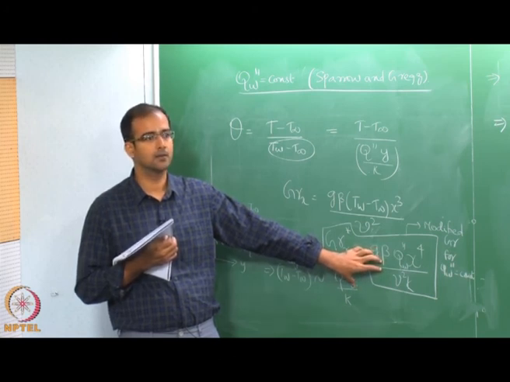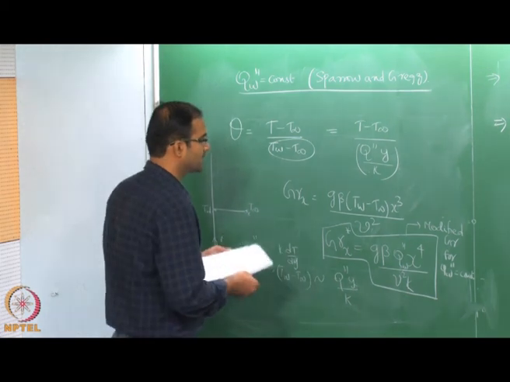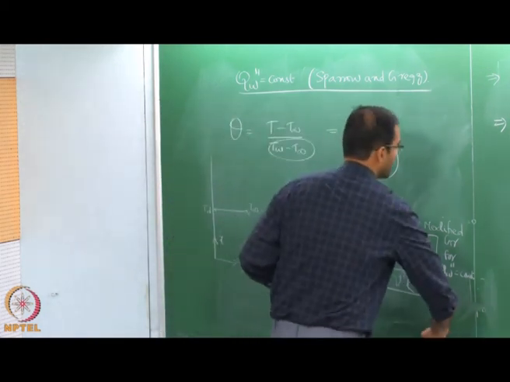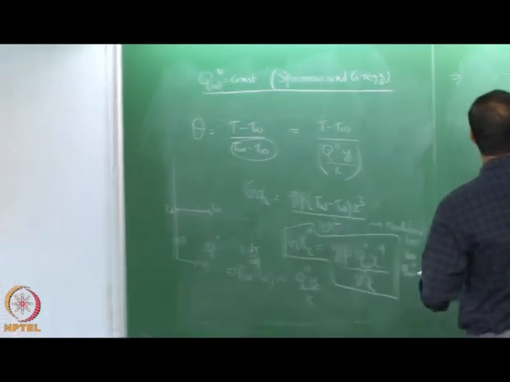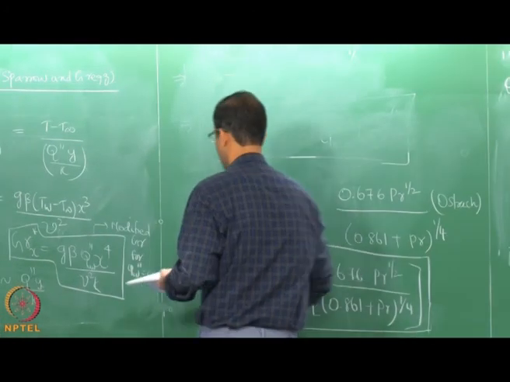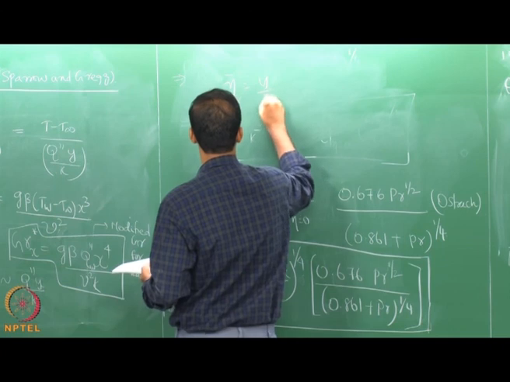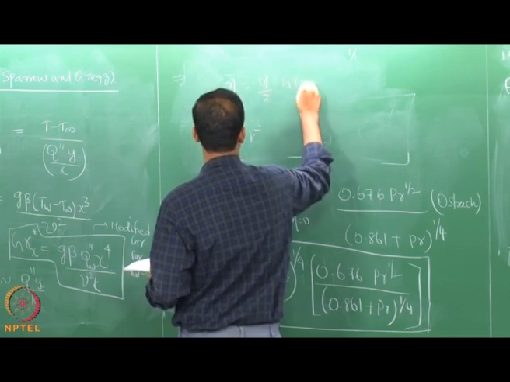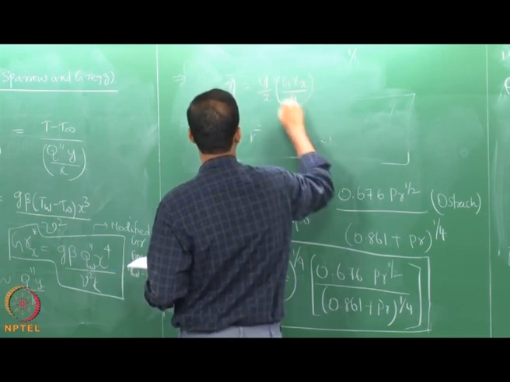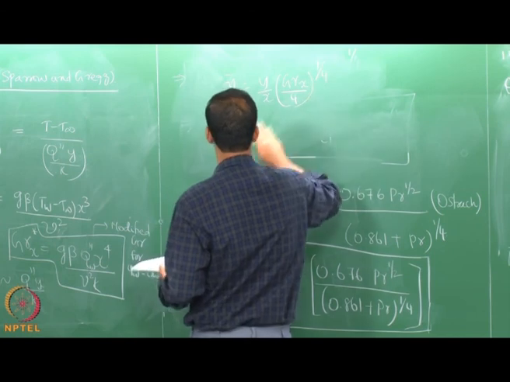So, this will be the starting point for defining the similarity variable. What was the similarity variable in the constant wall temperature case? We have eta equal to y by x, your normal Grashof number by 4 raised to the power 1 by 4.